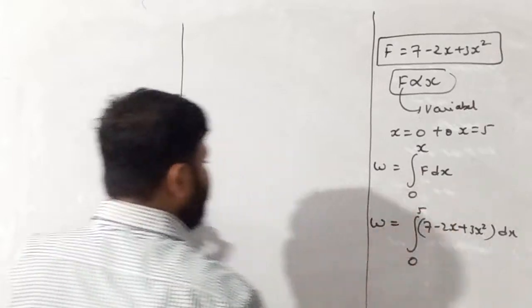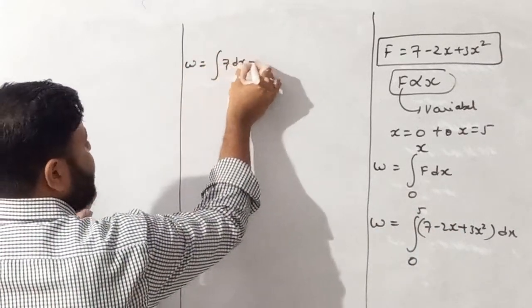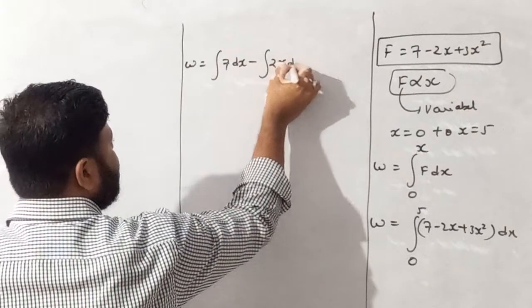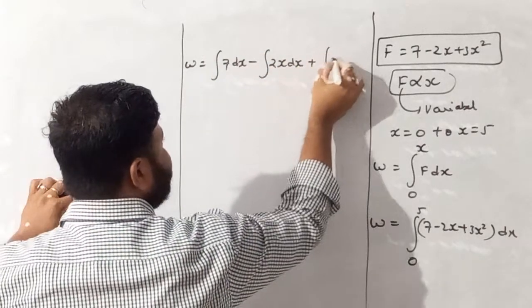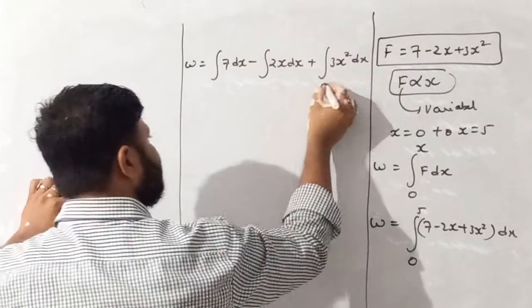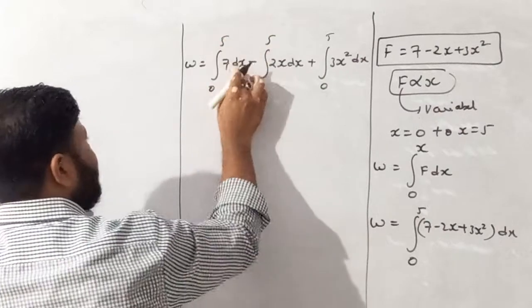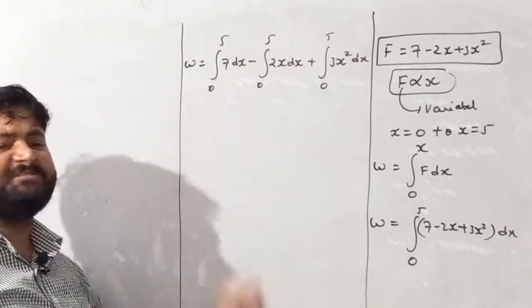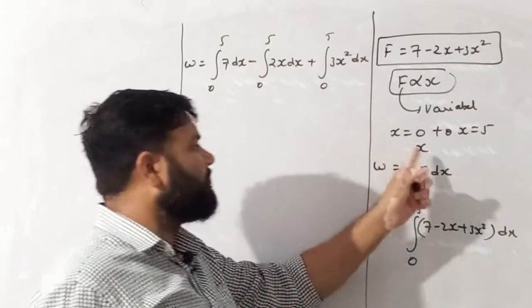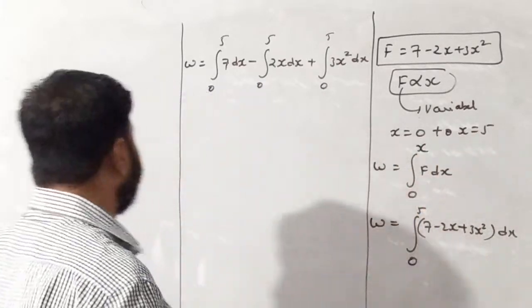Now work done becomes equal to integration 7 dx minus integration 2x dx plus integration 3x square dx. The limit is from 0 to 5 because the limit is always seen by the last term, and the last term is the change in x. So due to this force, the value of x changes from 0 to 5.